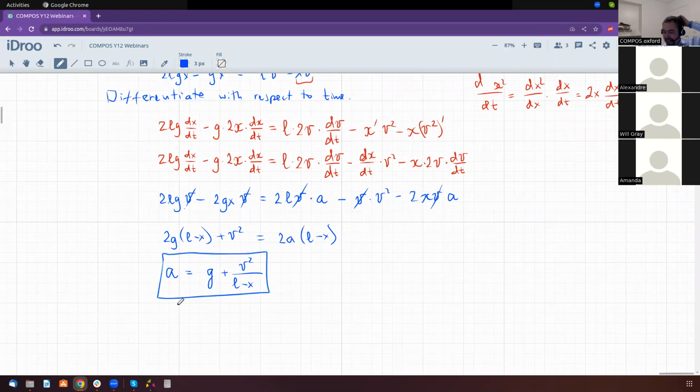Can somebody notice something extraordinary about this acceleration? After all, it is a free-falling rope. Yes, thank you.